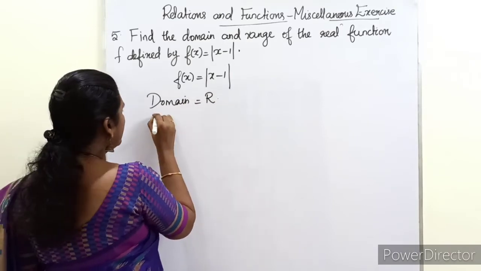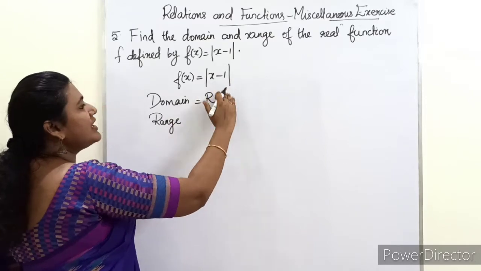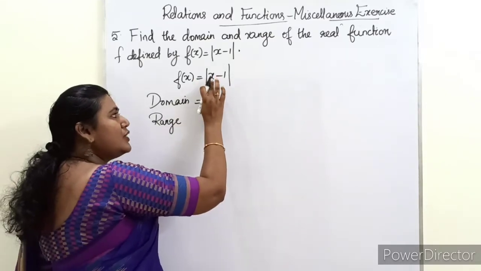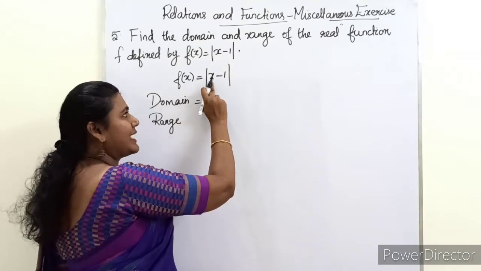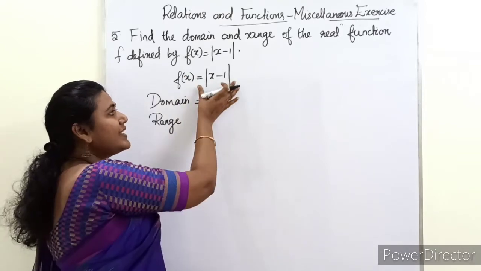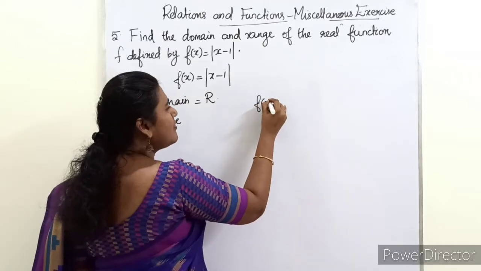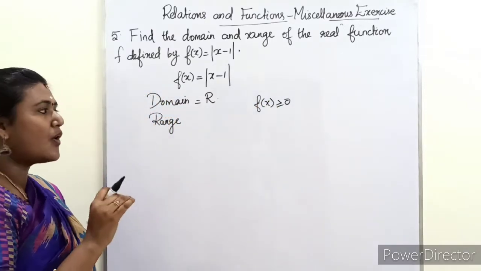Set of real numbers. Now the range: a modulus function will always give a positive number, because whatever value you substitute for x, even if you substitute a negative value, we will get a positive value only. By the definition of the modulus function, f of x will always be greater than or equal to 0.